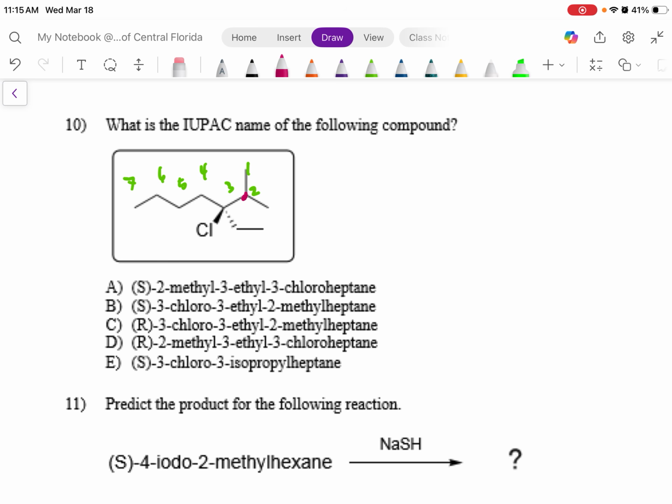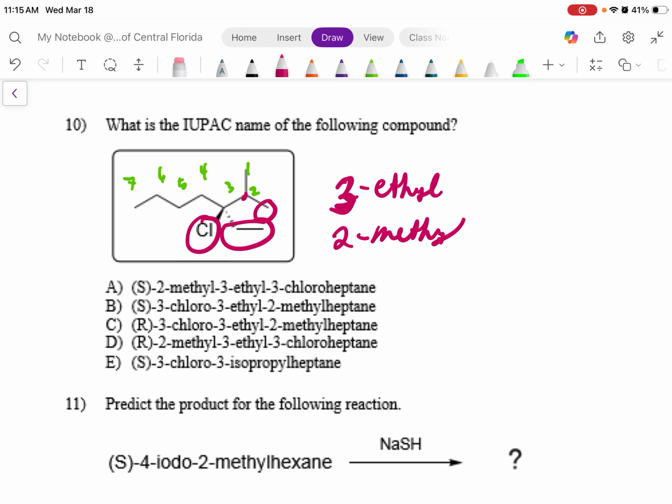Okay, so what are our substituents? We have a methyl, ethyl, and a chloro. So we need to find those. So we have a 2-ethyl, not 2-ethyl, 3-ethyl. We have a 2-methyl. And then a 3-chloro.